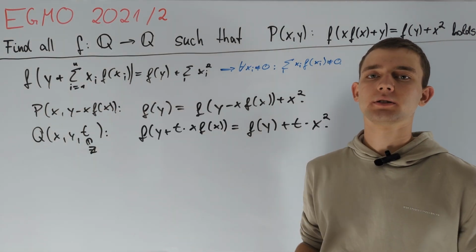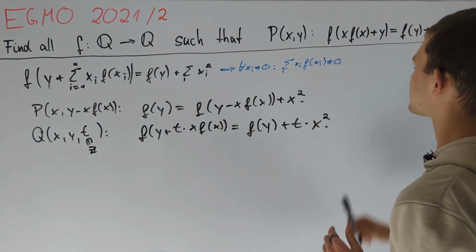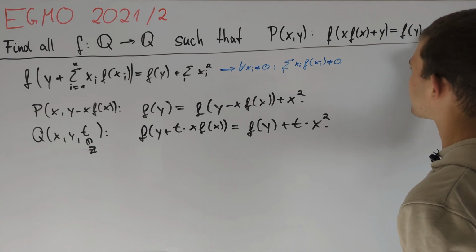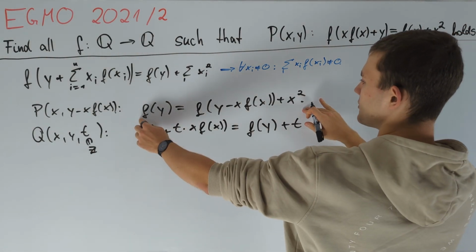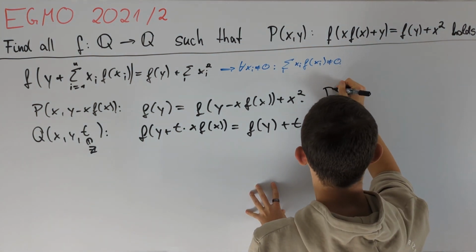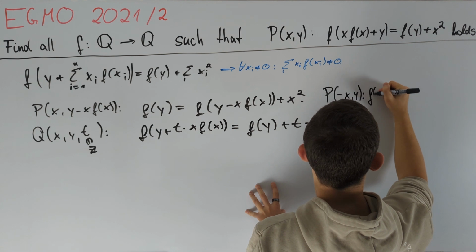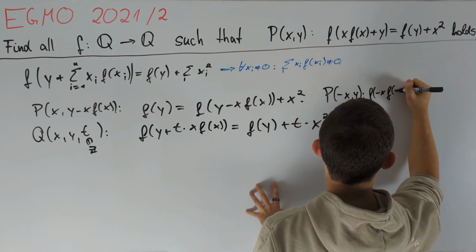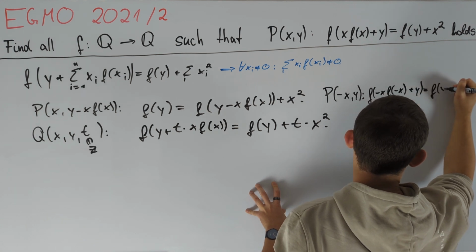One more thing I want to notice is that we want to try plugging in minus x for x. Firstly, that's good because it doesn't change the right side of our equation. And secondly, it will give us something similar to this here. In particular, P(minus x, y) is f(y minus x f(minus x)) equals f(y) plus x squared.